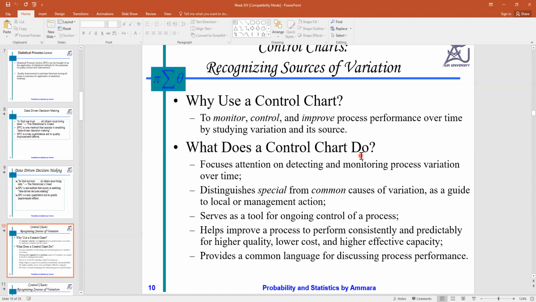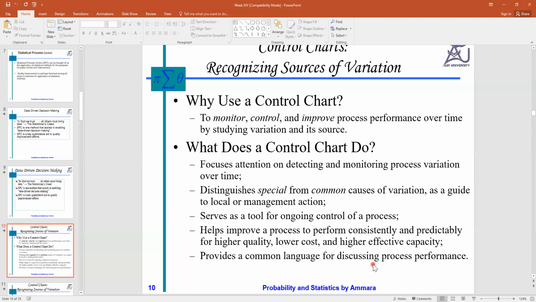Control charts monitor process variation over time and guide us on how to control it, and at which points the process is out of control, so we can monitor and revise it and bring it in control by applying some tools.